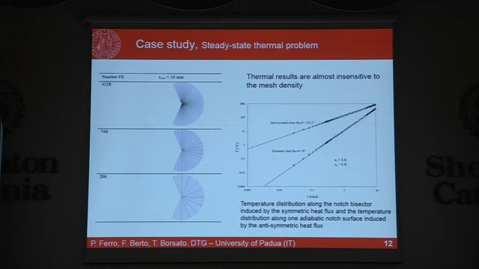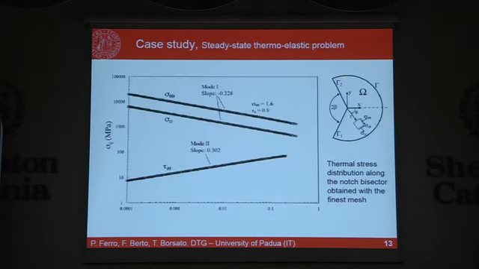The temperature at nodes. Now, if we apply such temperature distribution as a load for the calculation of the stress distribution, we obtain this plot. Mode 1 shows a singularity, which in a log-log plot is represented by the straight line. Mode 2 is not singular, but it is not important, this result. We know the result is expected.